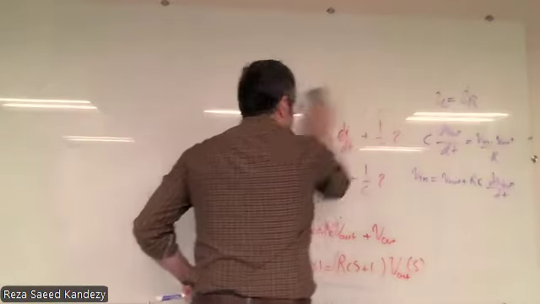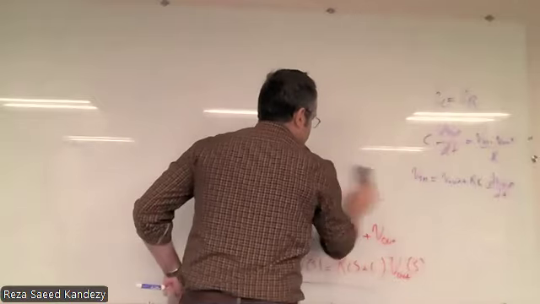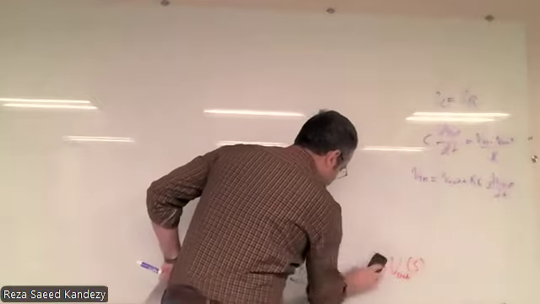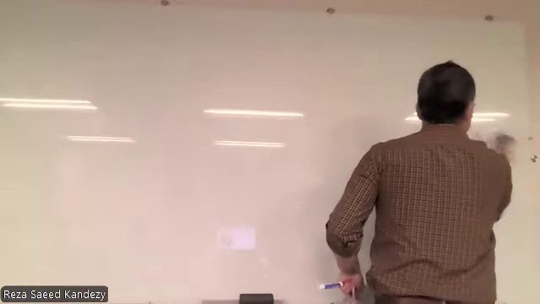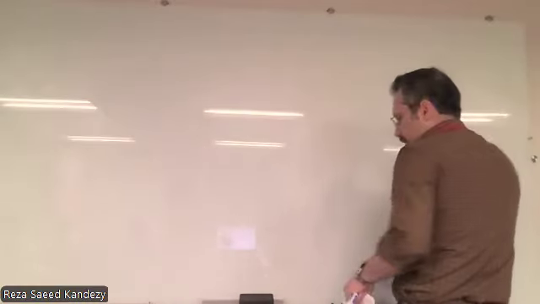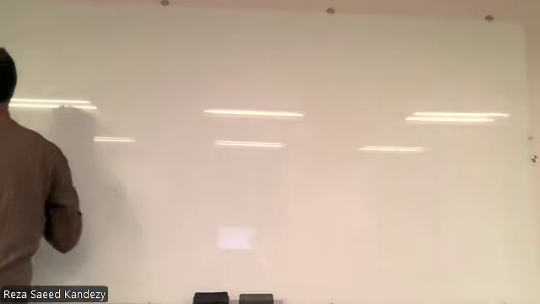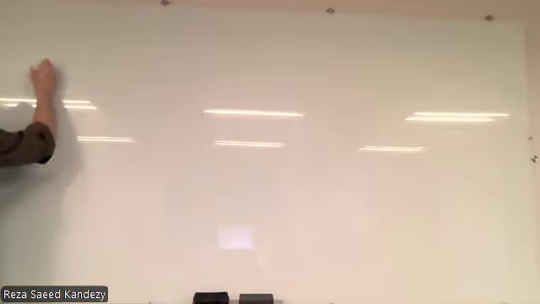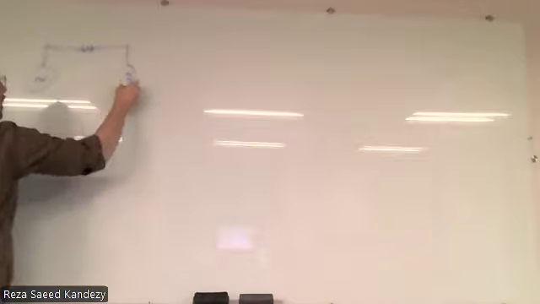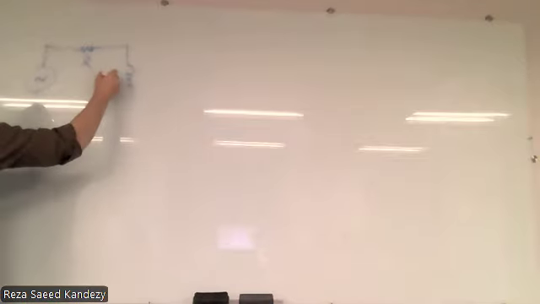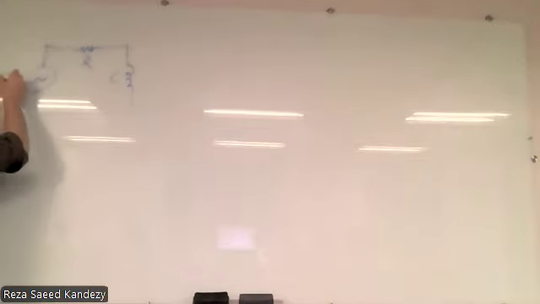Let's run another example on a first order system, and we wanted to analyze it. Another example is an RL series. We have a resistor, we have an inductor, RL, and we have our input.